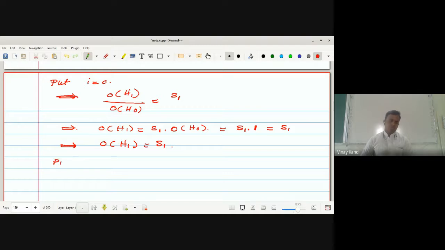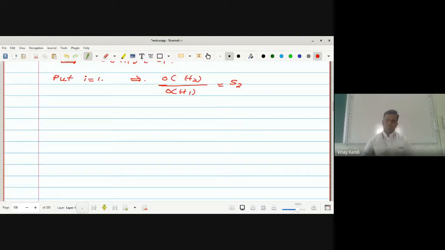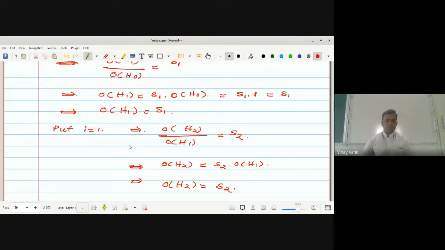Now put i is equal to 1. What do we get? This implies order of H2 upon order of H1 is equal to S2, from equation 1. So this implies order of H2 is equal to S2 into order of H1. What is the order of H1?